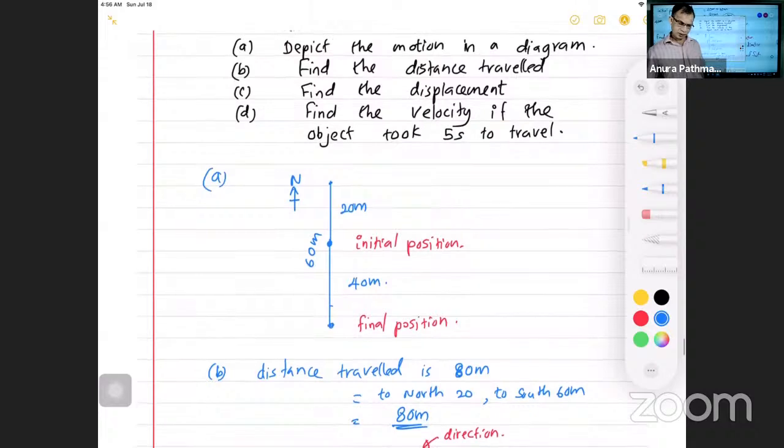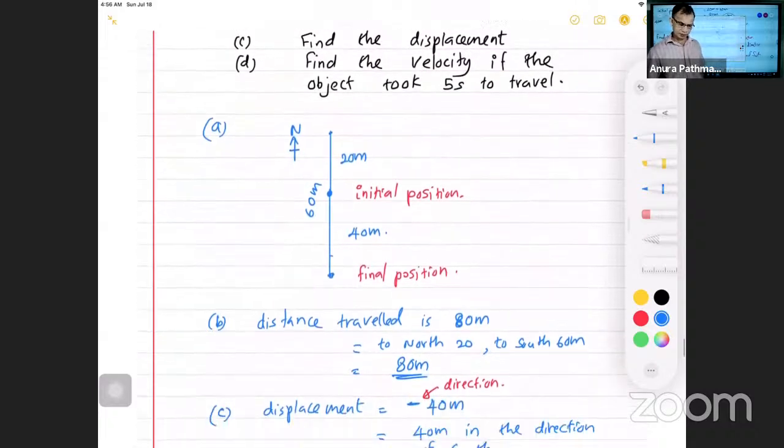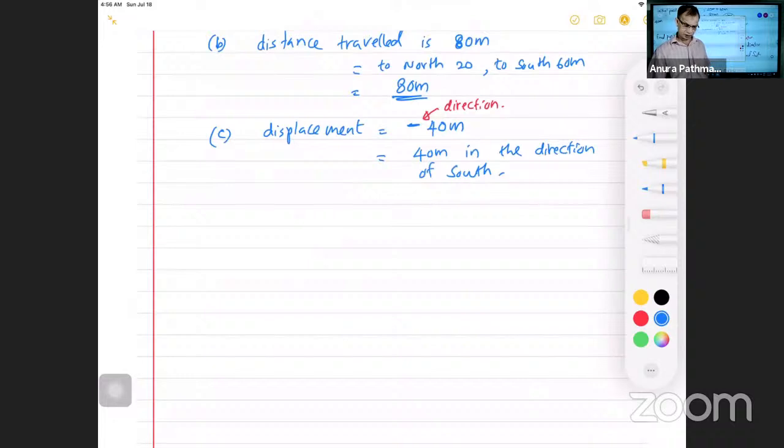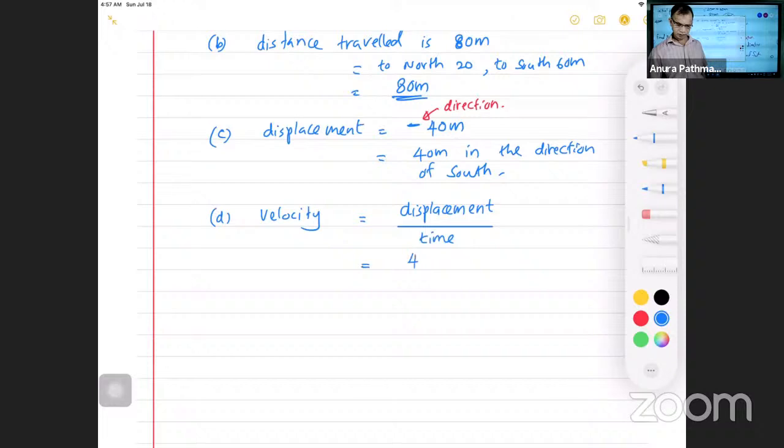Find the velocity if the object took 5 seconds to travel. Then we can write D. Velocity equal displacement divided by time taken. Displacement is negative 40 meters.